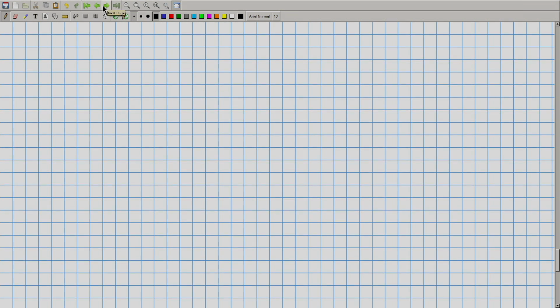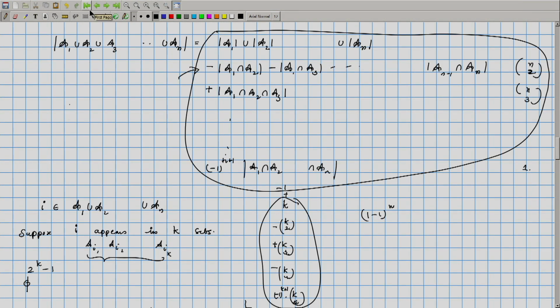For example, the term A1 intersection A2 corresponds to the subset 1, 2. The term A2 intersection A3 intersection A7 is going to appear somewhere with a plus sign on the third row, and that corresponds to the subset 2, 3, 7.